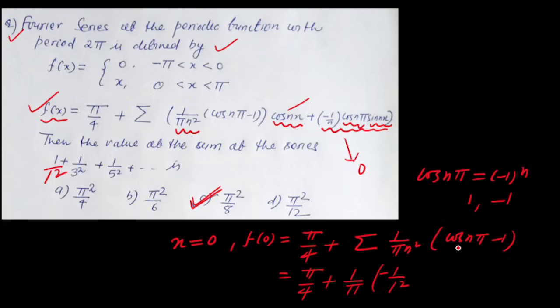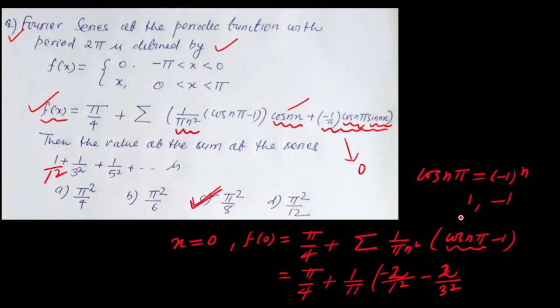That is what I was suggesting, because this value will be minus 1. So minus 1 minus 1 is minus 2. So rather I will get minus 2 by 1 square, right? And if I take n is equal to 3, then I will get minus 2 by 3 square. I hope you got it.